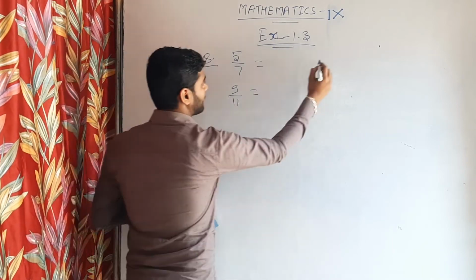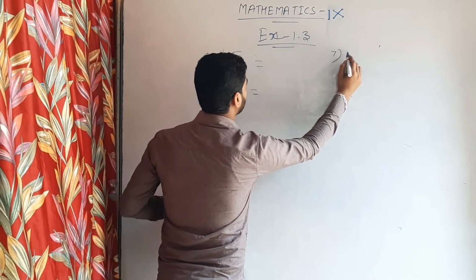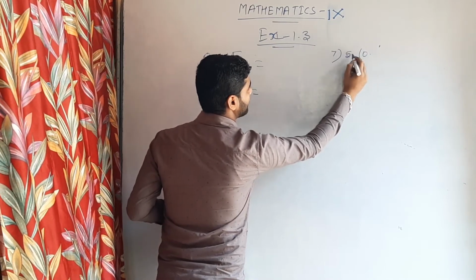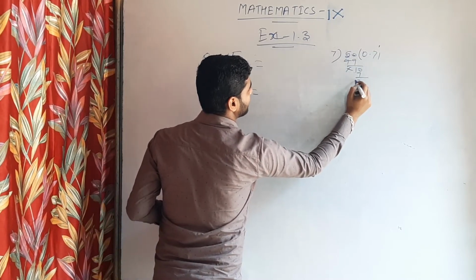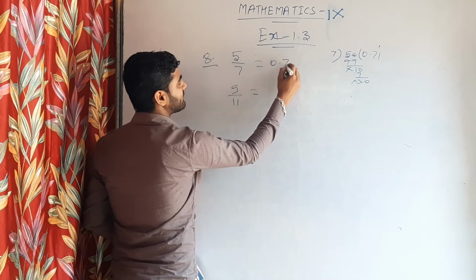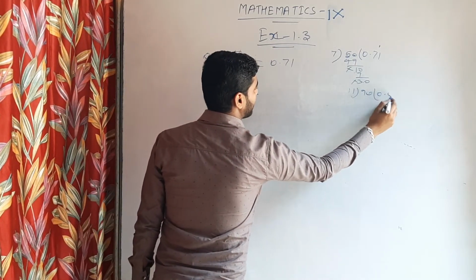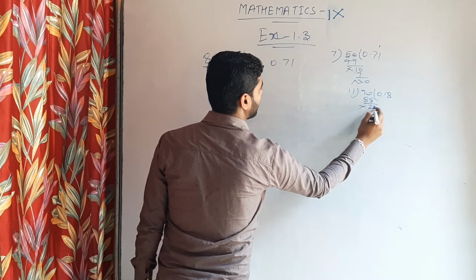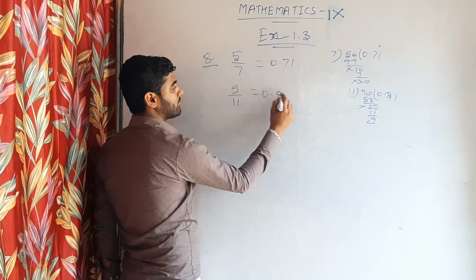So firstly we find 5 by 7's decimal expansion. Divide 5 by 7, 7 sevens are 49, 7 ones are 7, like that. 0.71. 9 by 11: 11 eights are 88, 11 ones are 11, so 0.81.